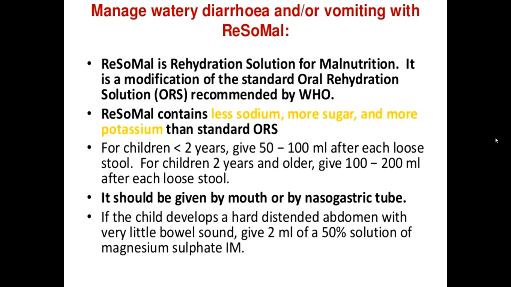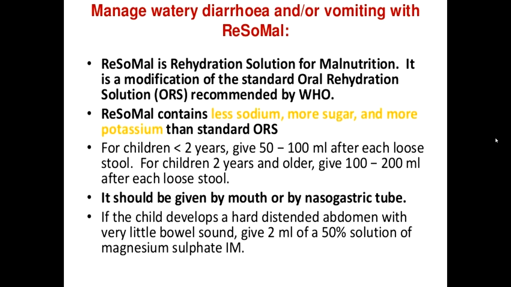The diarrhea is managed with Risomal. Risomal is ORS modified for the requirements of malnourished children. It contains less sodium, more sugar, more potassium than a standard ORS.